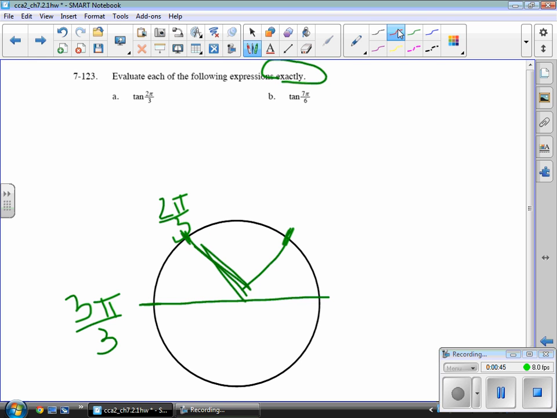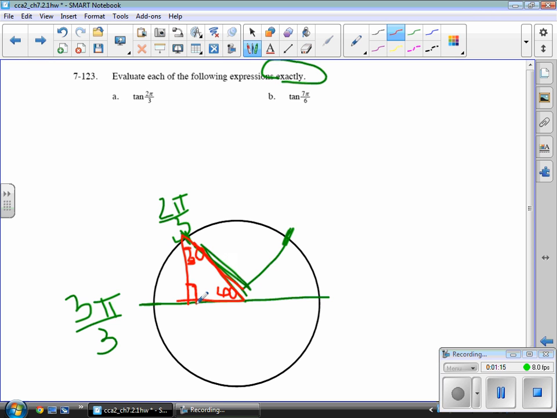So if I draw a triangle in here, we should recognize that this is going to be a 60-degree angle, and this is a 30-degree angle, and this is obviously a 90-degree angle. Okay, so we're going to use our special right triangle relationships to figure out what we can do here.